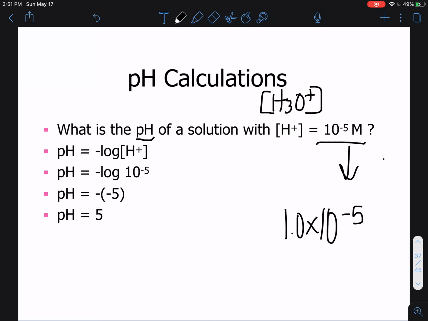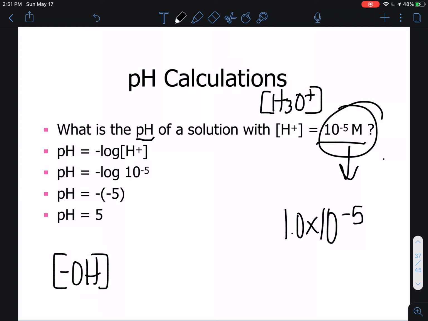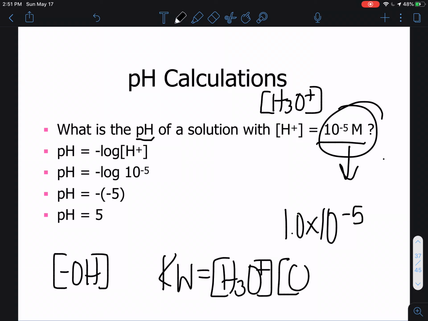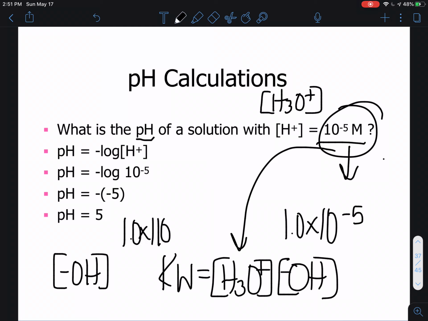If I asked you what is the concentration of OH minus, you would have to take this number and plug it into Kw. We know that Kw is 1.0 times 10 to the negative 14, so you plug that in here, and you will rearrange and solve for OH minus.